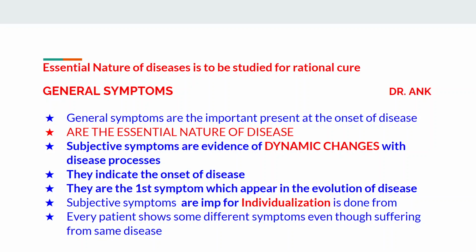Subjective symptoms are important for individualization, and this is possible only by noting down the patient's general symptoms. Every patient shows some different symptoms even though suffering from the same disease.